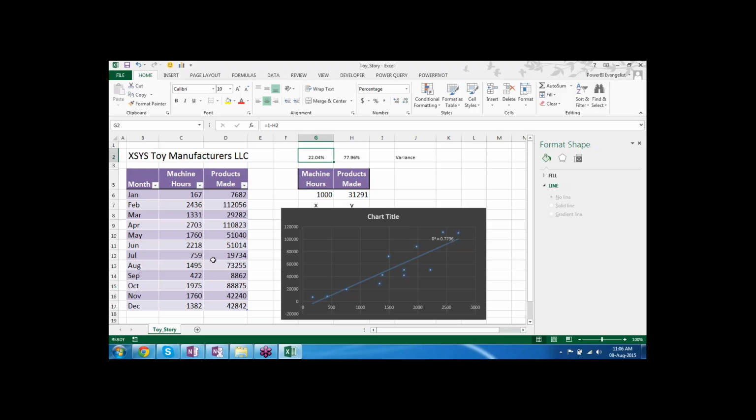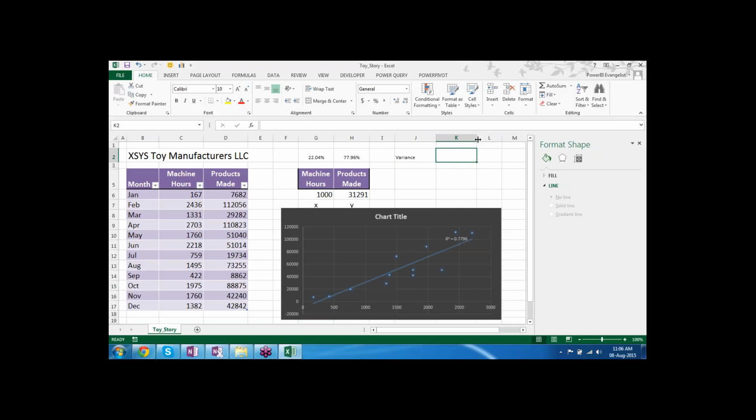Which means that there will be a variance of 22% for whatever predictions I am making. So let's find out what is the number of that variance actually. The variance is equal to 22% of this number. So into 22%. If I press enter, I can see that I get a number like this.